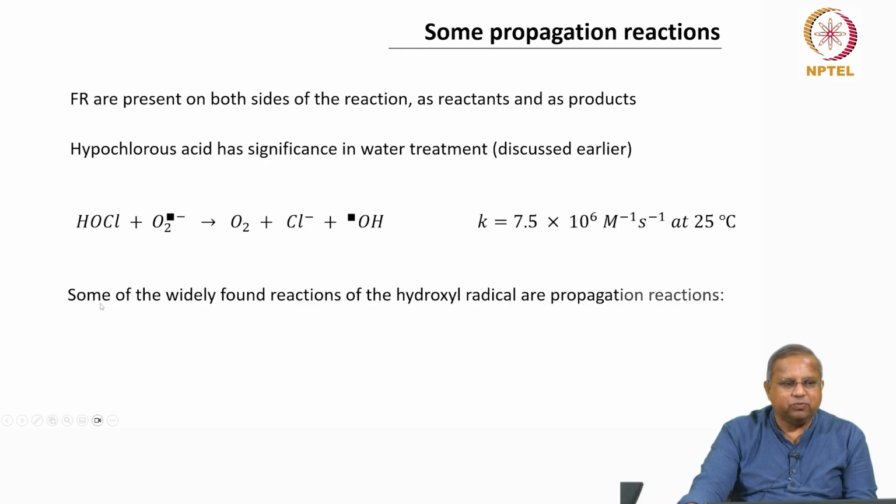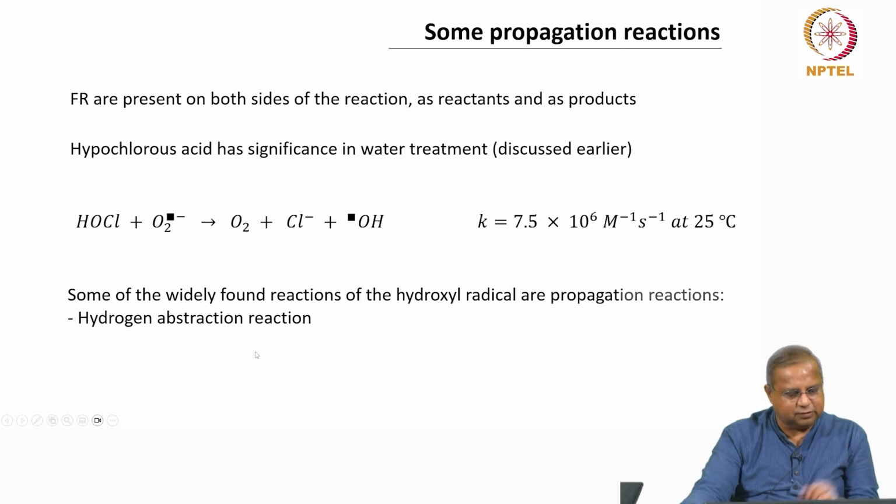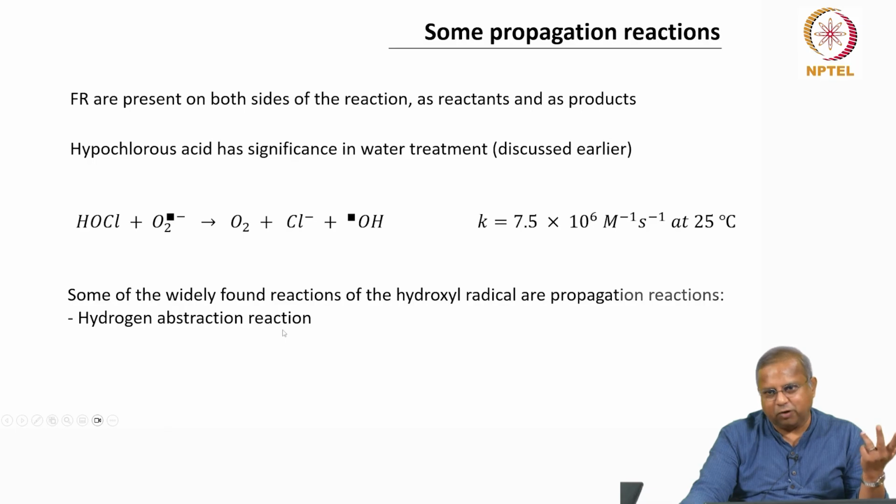Some of the widely found reactions with the hydroxyl radical are actually propagation reactions. A lot of important reactions that involve the hydroxyl radical are all propagation reactions. We will look at some. The types of reactions could be hydrogen abstraction, where the hydroxyl radical abstracts hydrogen from a polymer, let us say.